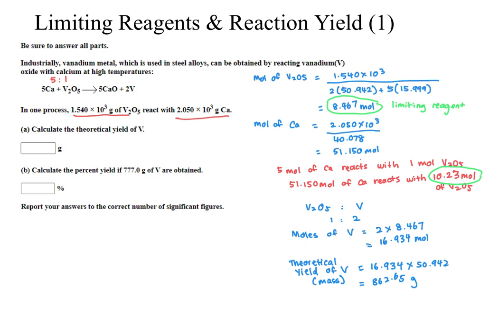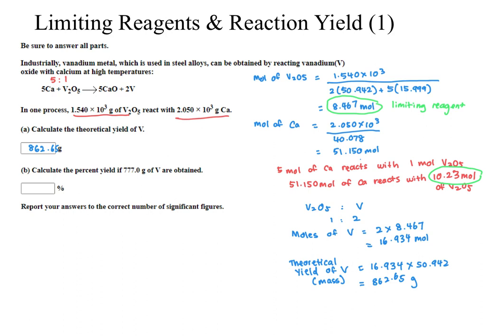So now we have the theoretical yield of vanadium. It's 62.65. Your answer may be slightly different depending on how many decimal places you rounded to. So a little bit of difference due to rounding is fine.